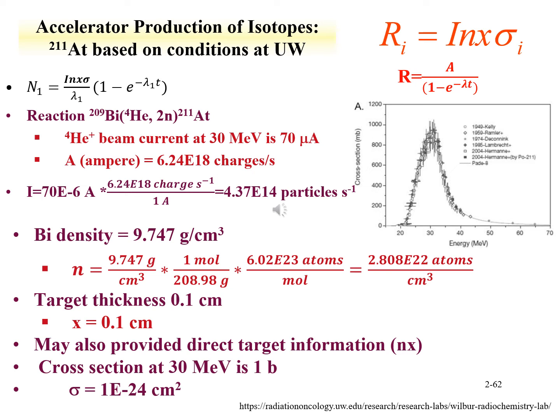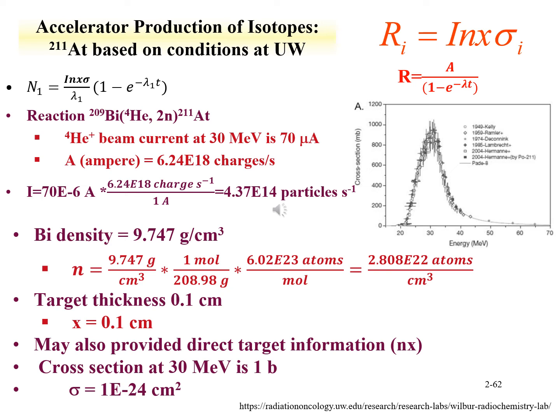And since the helium projectile is monovalent, one helium projectile is one charge. So from the 70 microamps, you multiply that by 6.24 times 10 to the 18th charges per second per amp, and you get 4.37 times 10 to the 14th particles impinging on the target per second.